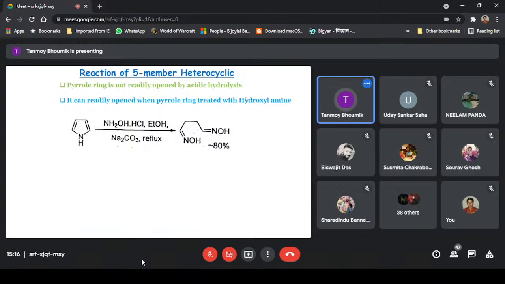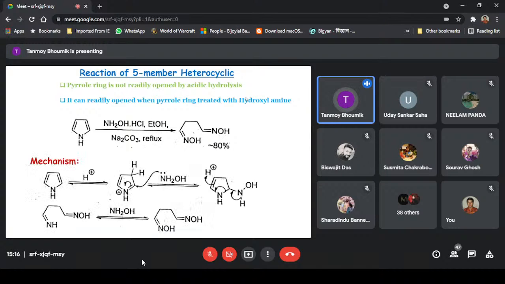But whenever this pyrrole type of compound is reacted with hydroxylamine hydrochloride in ethanol, with sodium carbonate under reflux, it immediately forms the compound with a carbon double bond NH. This is the dioxime type of compound, and ring opening happens.